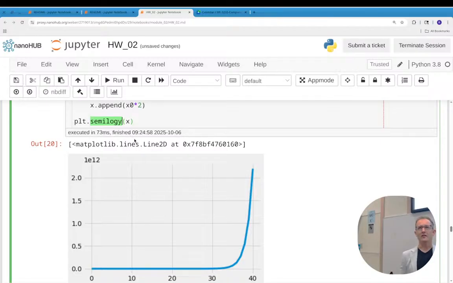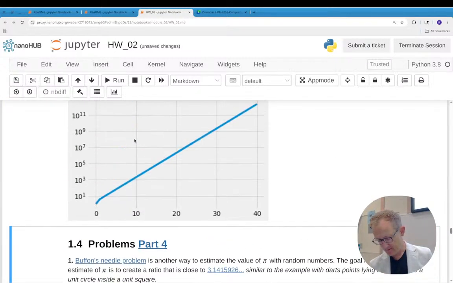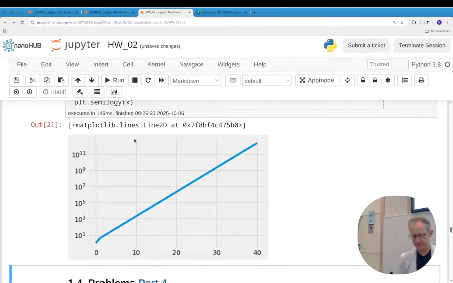So if I put it on a log plot, what is it going to look like? A line? Yeah, it should be some kind of straight line.